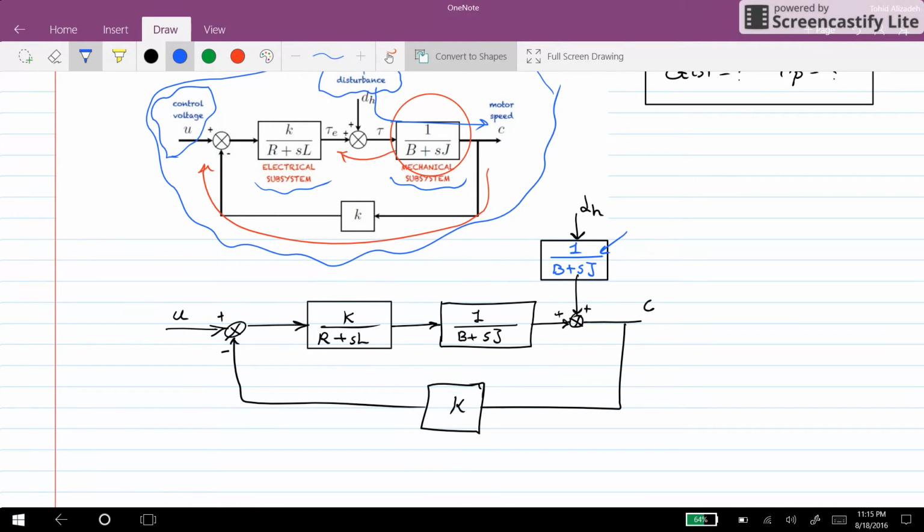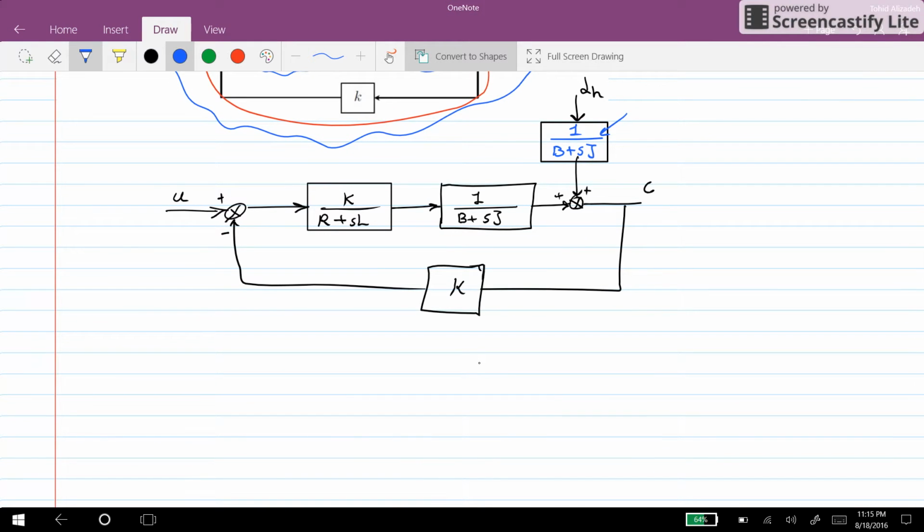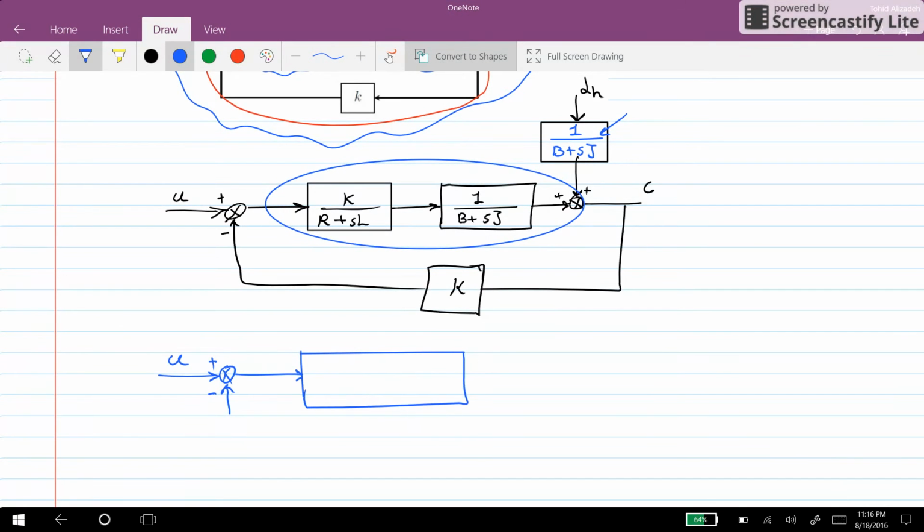So here now the next step is that we can combine these two with each other because they are in series with each other, and the resulting transfer function is the multiplication of those two. I will draw it here. So what we have is K over R plus SL times B plus SJ.